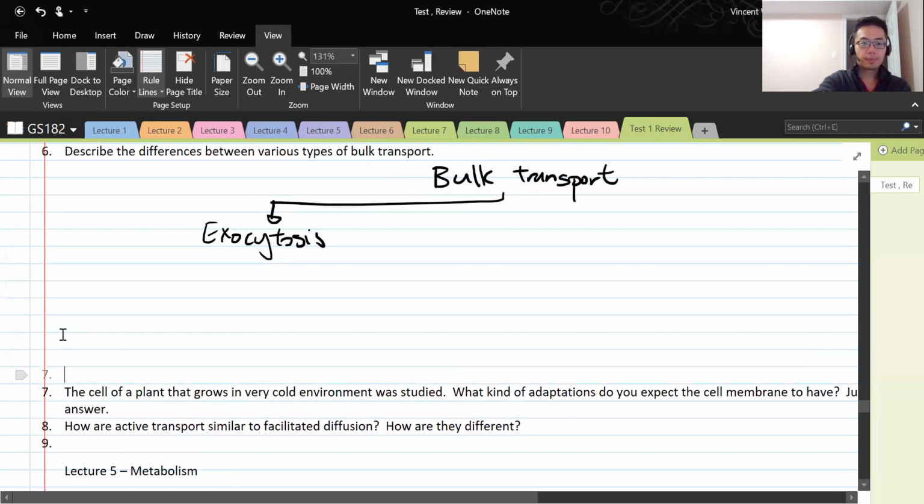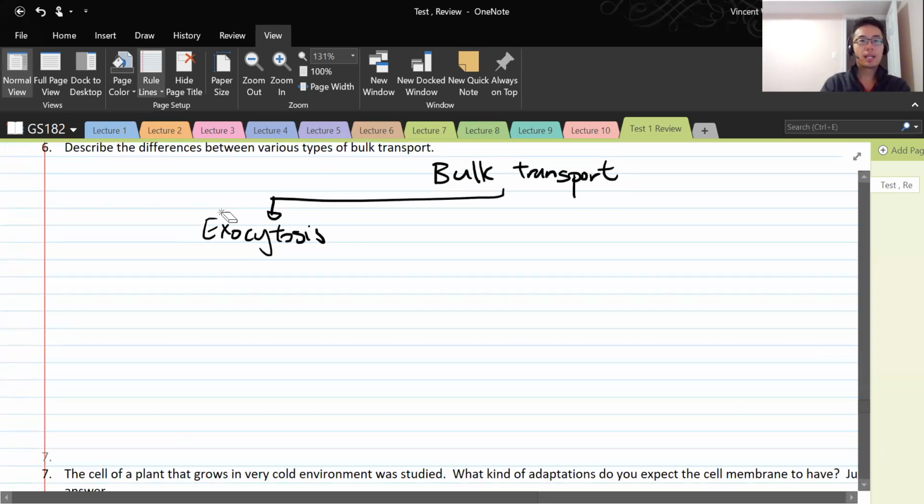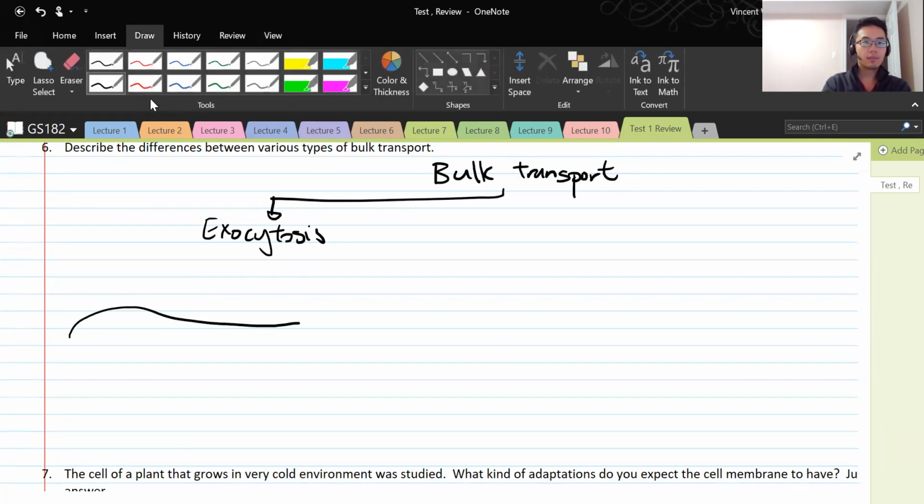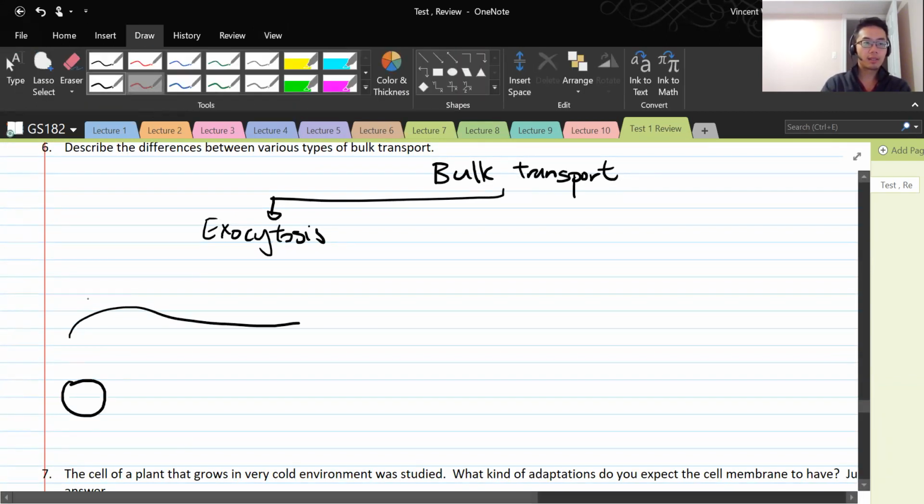So in exocytosis, you will have your vesicle. I'll draw the vesicle here in red. So you will have your vesicle with your material, and then the vesicle will move towards the membrane. And then what's going to happen is it will fuse with the membrane.